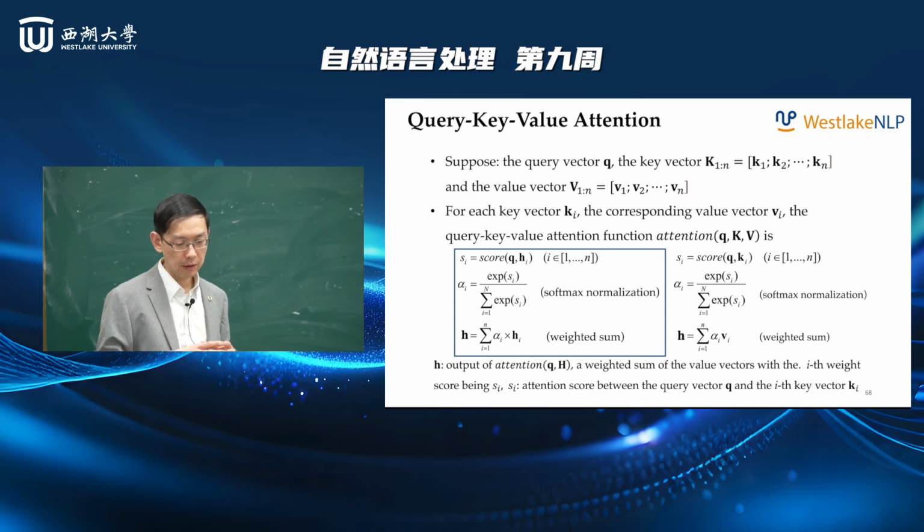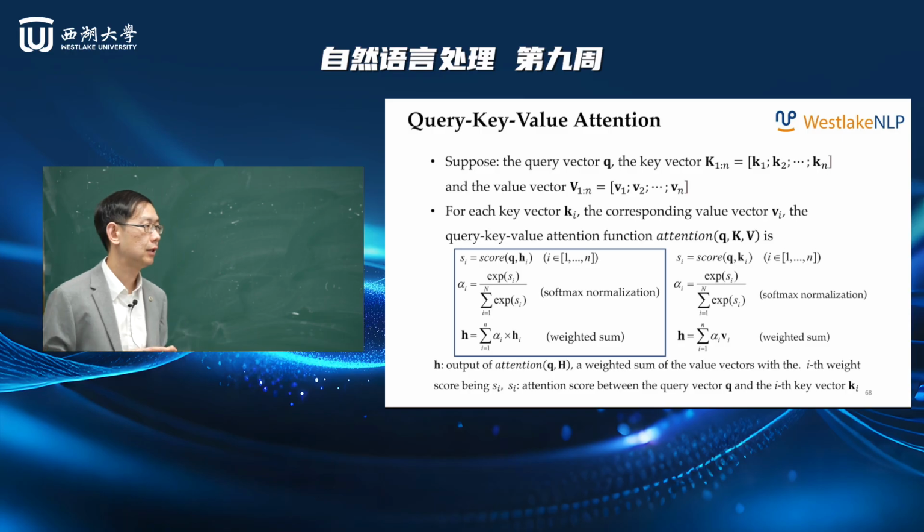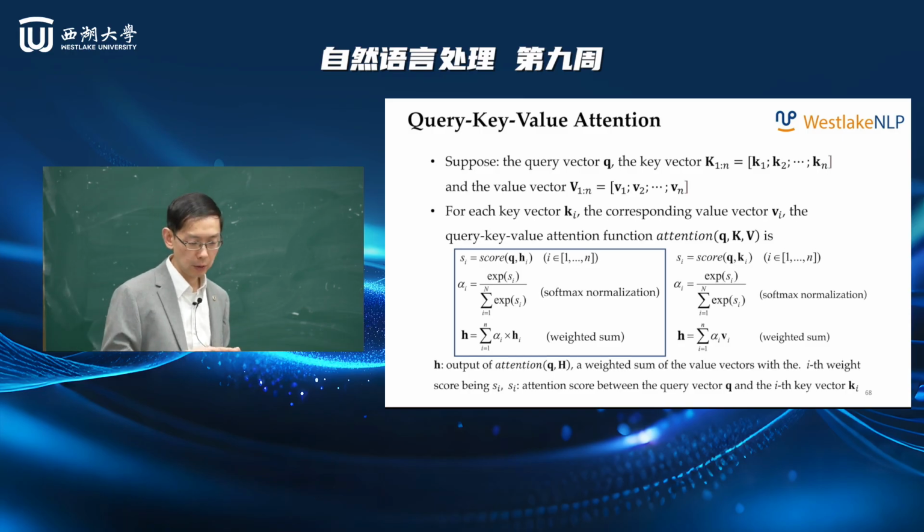If you carefully look between the two sets of equations, you will see that the second equation, the calculation of alpha, the softmax, is the same. In the first equation, you replace the HI with KI, the key. In the last equation, you replace the H with the V, the value. So this is QKV attention.